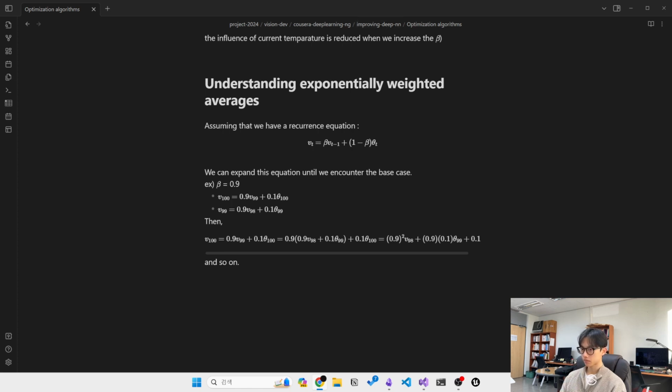So one way to draw this in pictures would be, let's say we have some number of days of temperature. So this is theta and this is t, right?